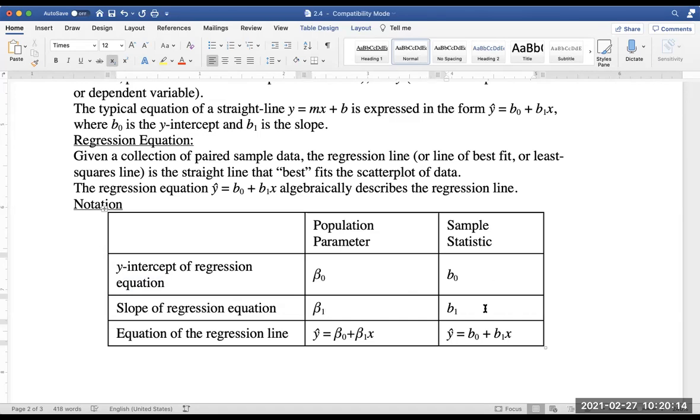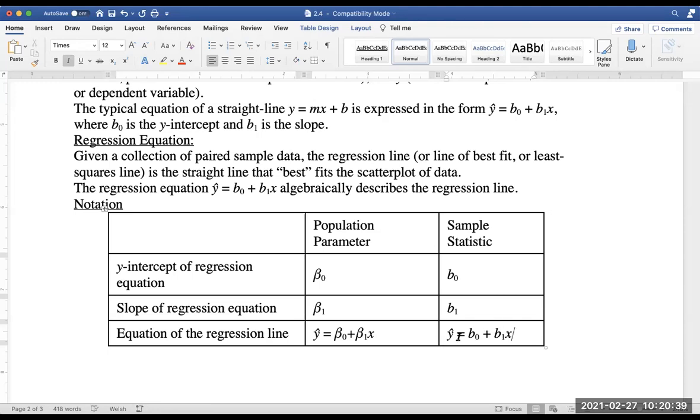For a sample, it is b sub 1. The equation of the regression line for a population is beta 0 plus beta 1 x. For a sample, it is b sub 0 plus b sub 1 x.